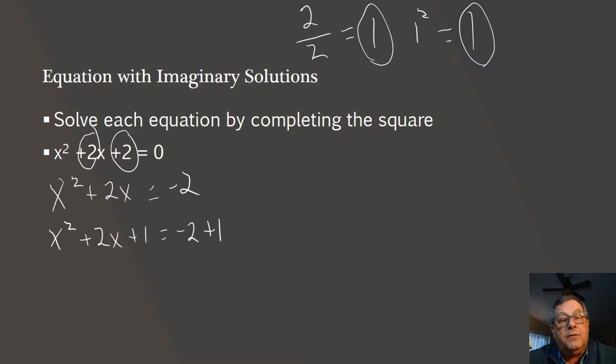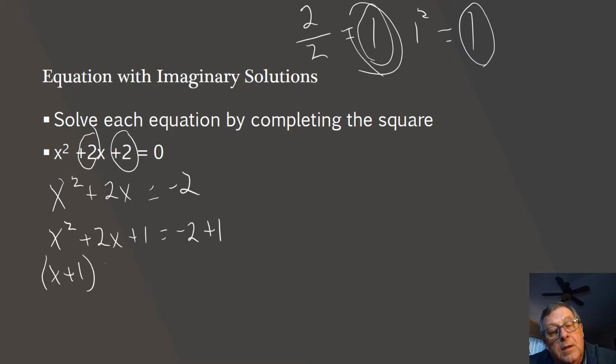And now we're going to factor this x squared plus 2x plus 1, and we know what that factor is. We actually have a perfect square here. So we got x plus 1 times x plus 1 equals negative 2 plus 1 equals negative 1.